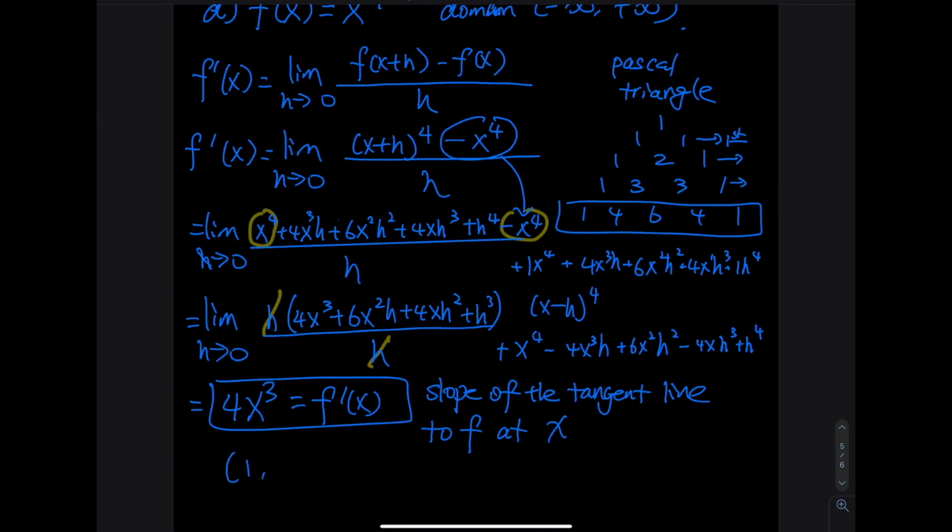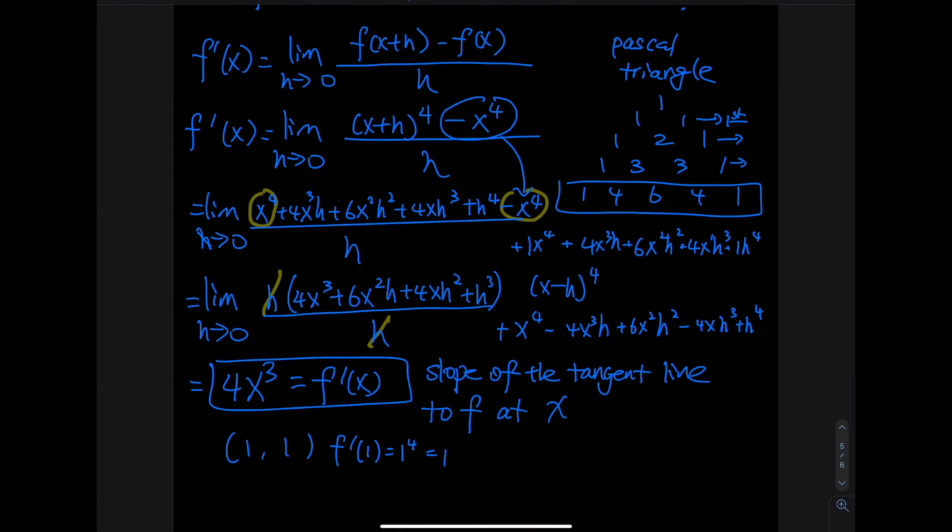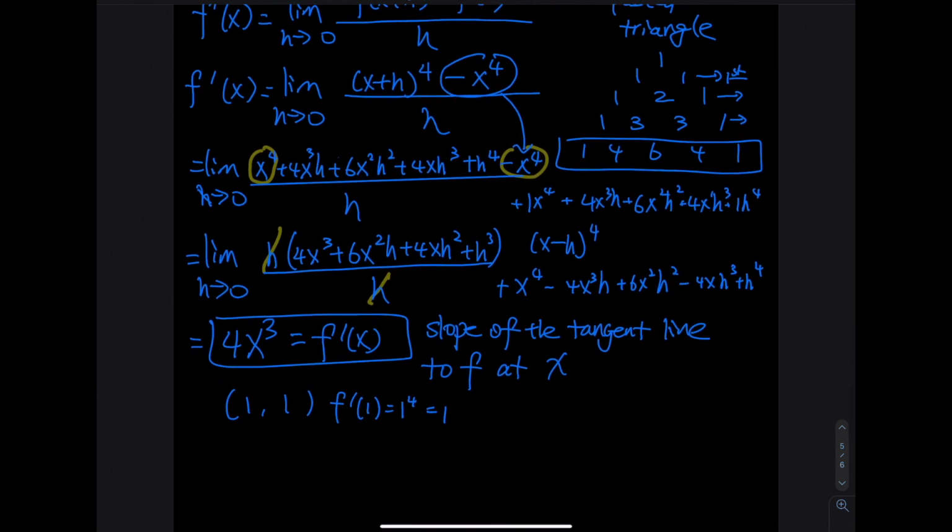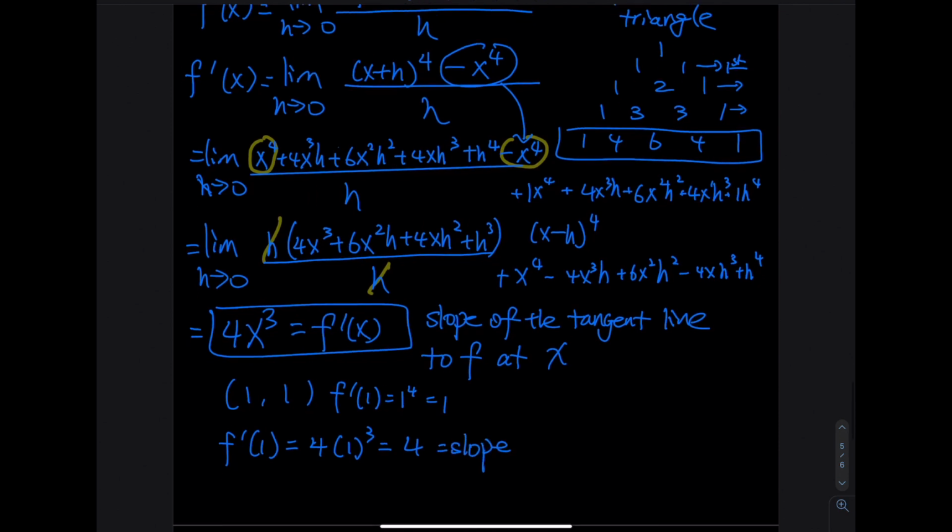What is y equal to? You have f of 1 equals 1 to the fourth, so y is also equal to 1. And then what is the slope at 1, 1? At that point, you have f prime of 1, that is 4 times 1 cubed, which is equal to 4. This is the slope. The point 1, 1 is a location.